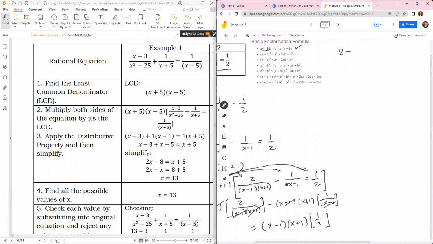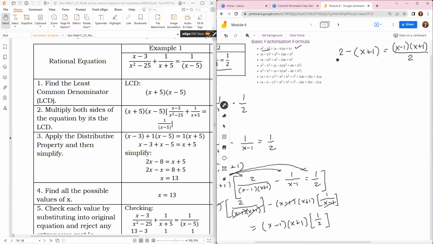The first term remains 2, the second remains x plus 1, and this is equal to (x minus 1)(x plus 1) all over 2.